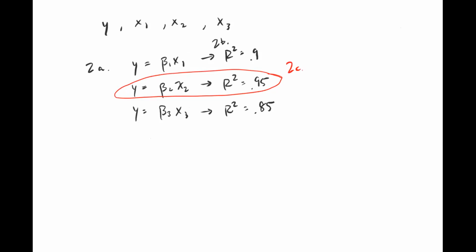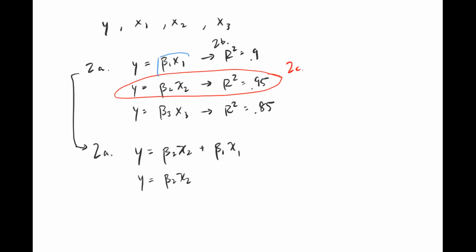And then we repeat. So we have 2A again, but now we're starting with Y equals beta 2 X2. And then we're going to add in one more parameter. So this one's going to be beta 1 X1, Y equals beta 3 X3. In this case, these are the new ones that we're adding. And probably shouldn't use beta here.